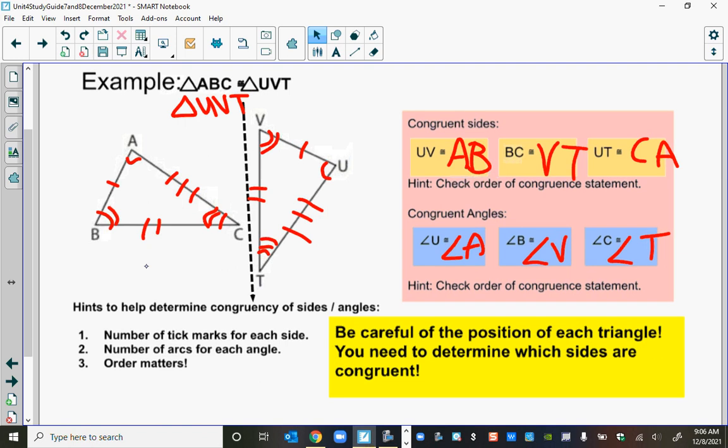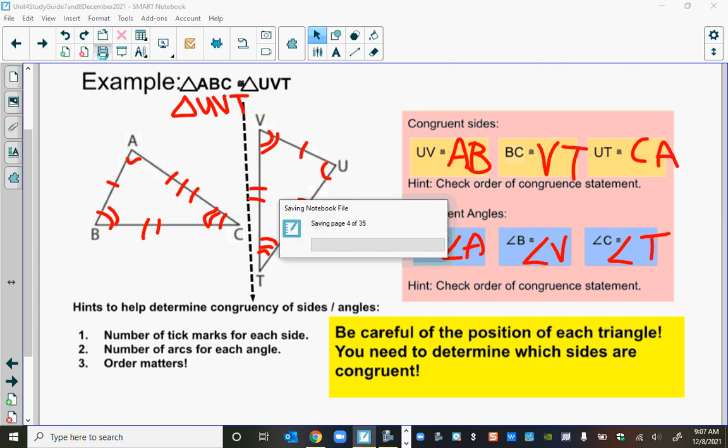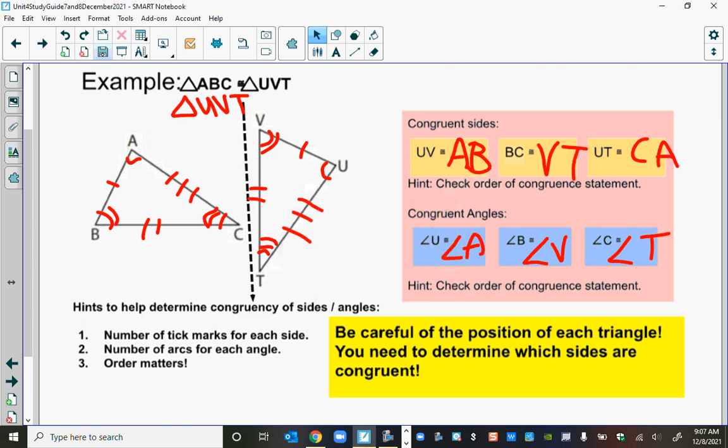Okay, questions? There's going to be times you're not going to get any markings. You might get a marking here and a marking there. But then you're going to have to look at your triangle congruence to determine who's matching with what. Alright.